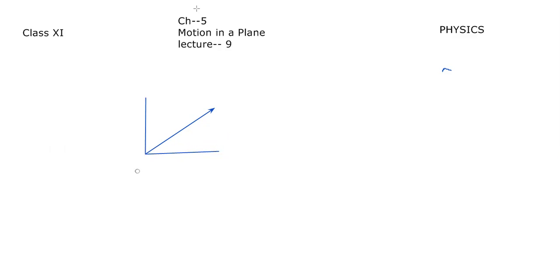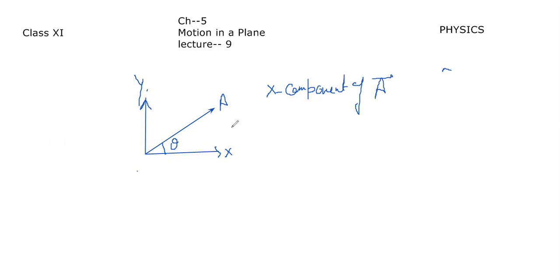So see, this is the y-axis and this is the x-axis. This is the vector A, and vector A makes angle theta with the x-axis. So here the x component of A.